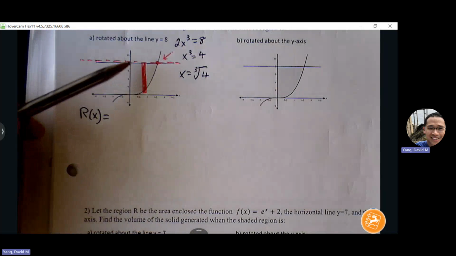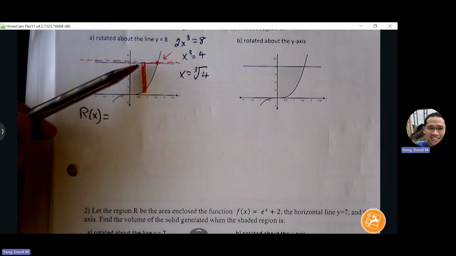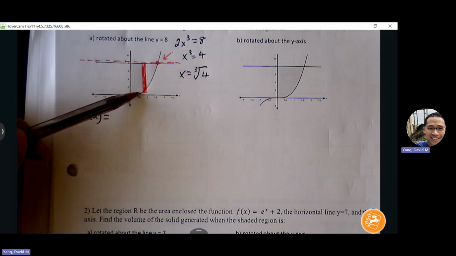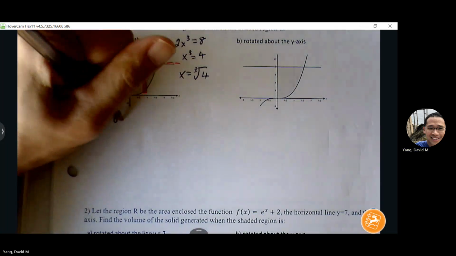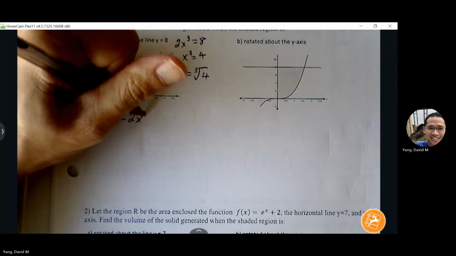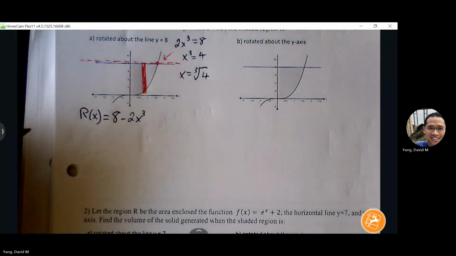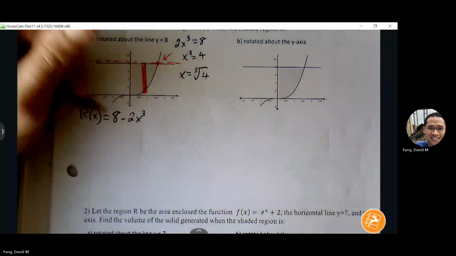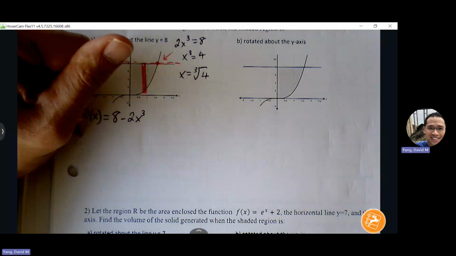Okay, I just drew a representative rectangle, sorry, representative radius here. The top of the radius is sitting at the 8. The bottom is sitting at the x cubed, the 2x cubed. And now it's easy, right?